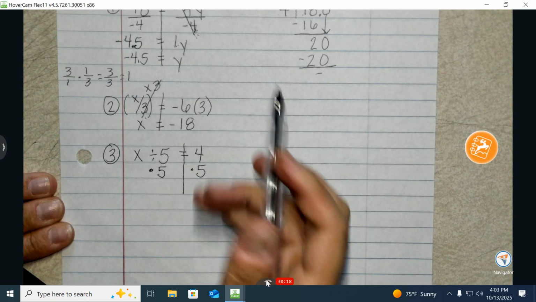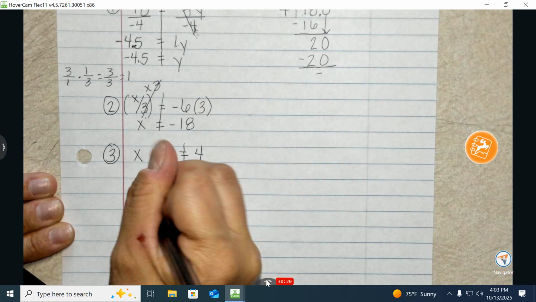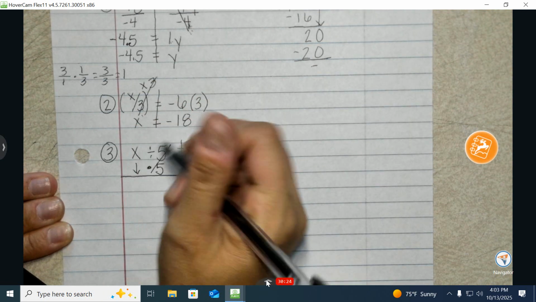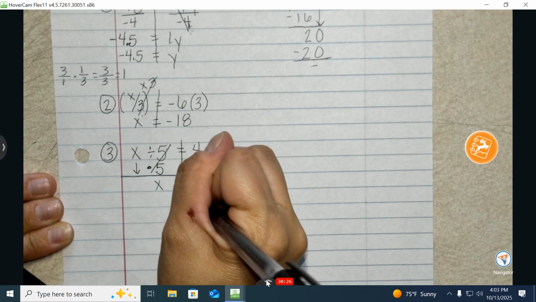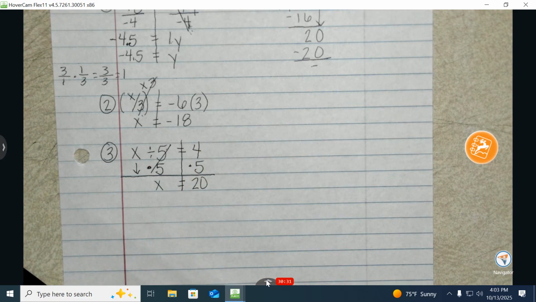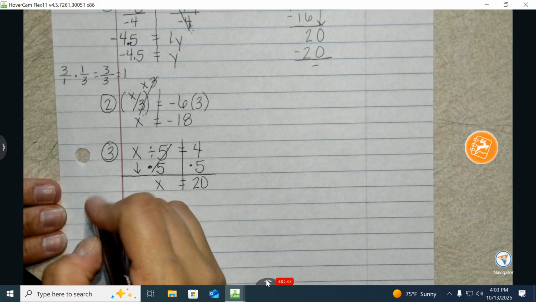Dividing by 5 and multiplying by 5 equals 1. Drop down your x equals 4 times 5 is 20. So remember, when you're solving equations, no matter how many steps it is, you're always doing inverse operation.